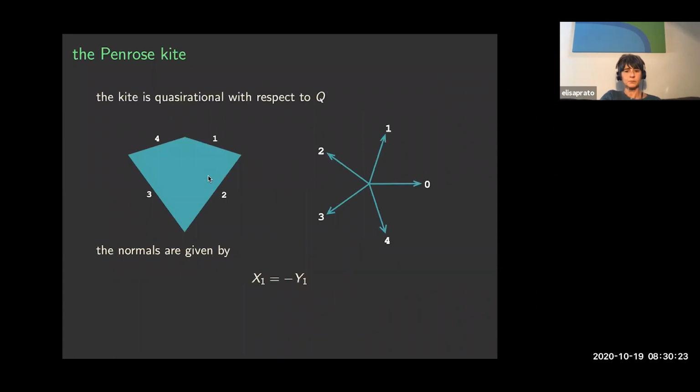And the normals are x1 equals minus y1, this is y1, so it has to point inwards, so we change the sign. x2 is y2. x3 is minus y3, again, it has to point inwards, and x4 is y4.